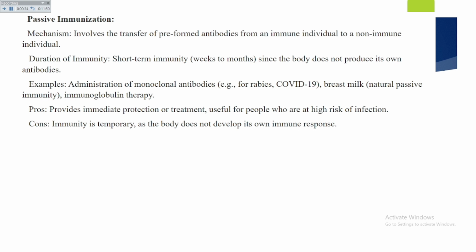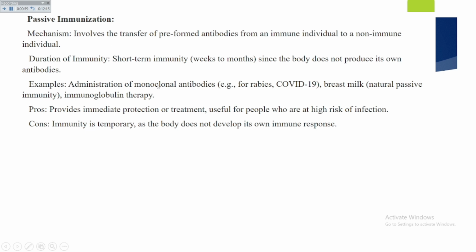It lasts weeks or months. Active takes years or a lifetime, but here it takes weeks or months, since the body does not produce its own antibody. The antibody it uses is preformed. It is formed outside and then injected into the body of an individual.